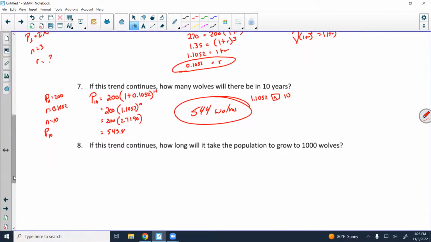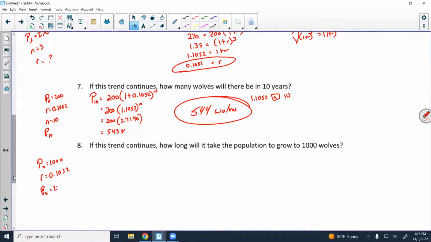So then we get to the last one. If this trend continues, how long will it take the population to grow to 1,000 wolves? So I'm saying P sub n is equal to 1,000. We want to continue the trend, so R is the same.